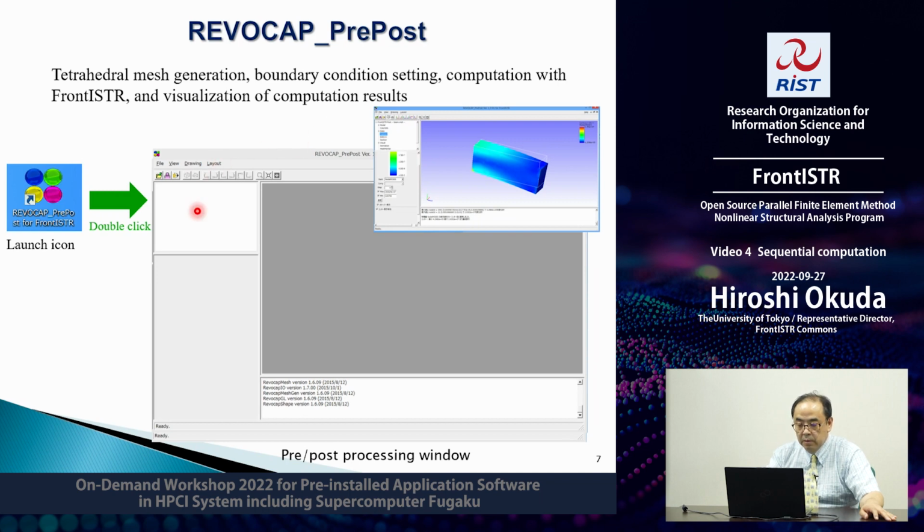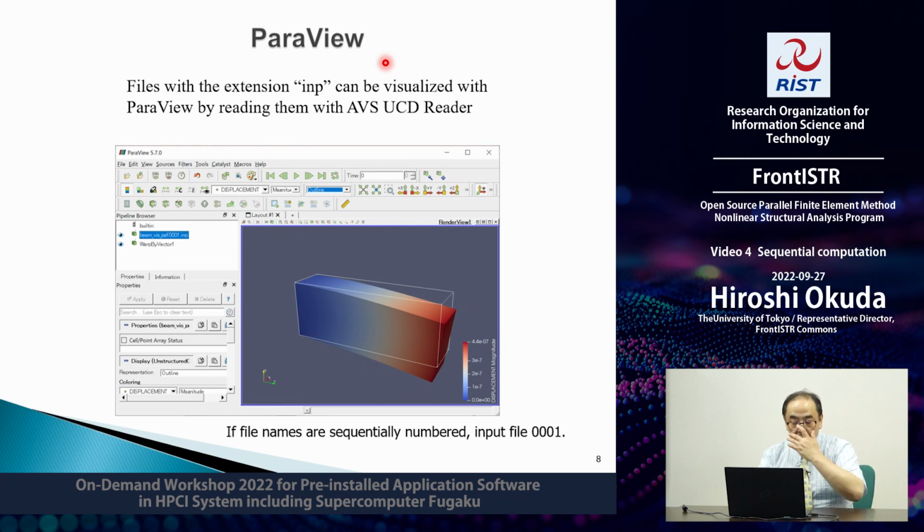If you read the computational result of FrontISTR, you can show the deformation of the object or the distribution of stress or other physical values. That's why RibbonCap prepost has the name it has. And Paraview is also free software, and many FrontISTR users use Paraview as a post-processor for FrontISTR.